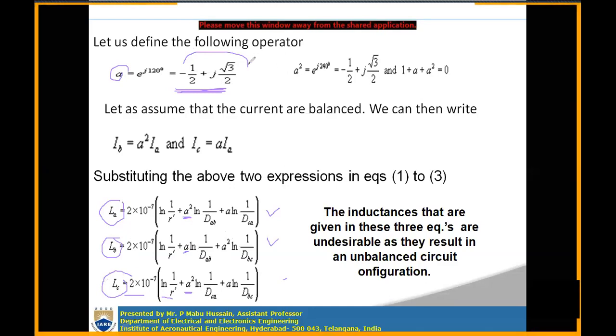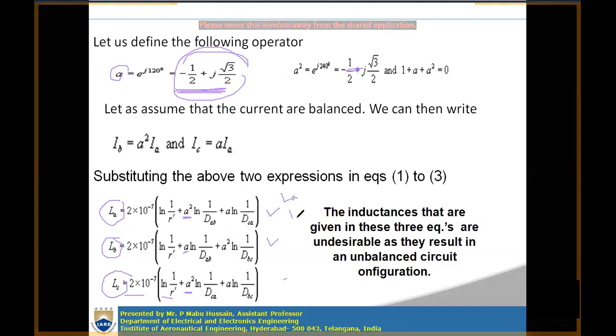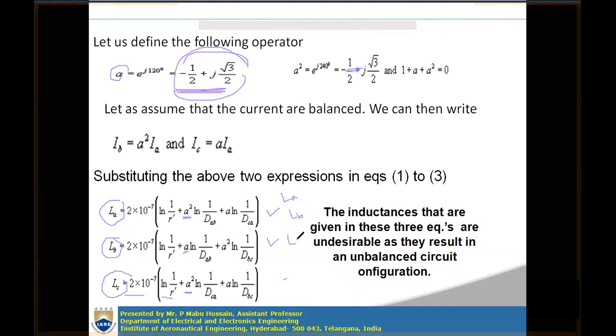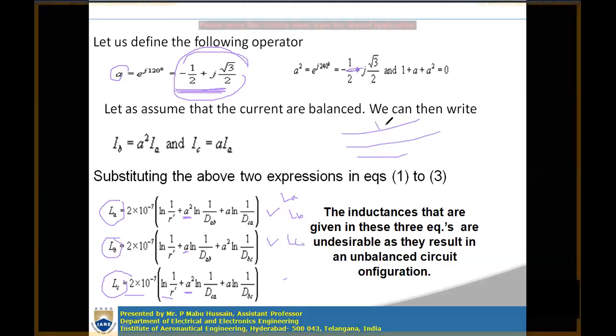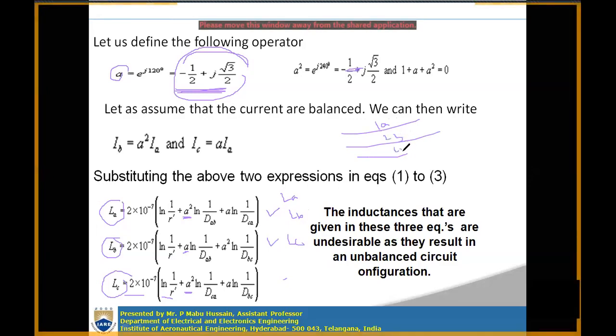If you substitute A equal to minus 1 by 2 plus J root 3 by 2, and A square equal to minus 1 by 2 minus J root 3 by 2, then LA, LB and LC are all different. So the three phase lines will have different inductance, not the same for all phases.